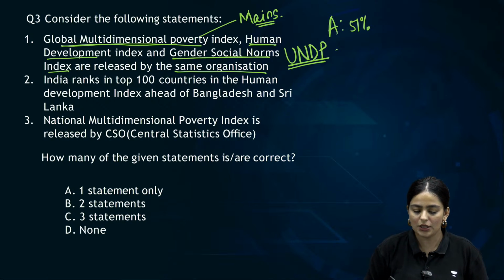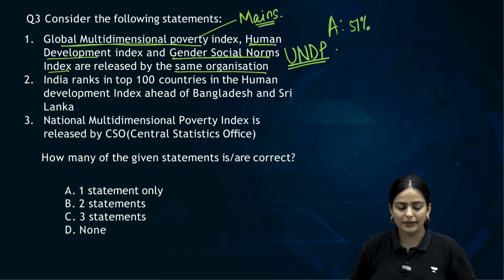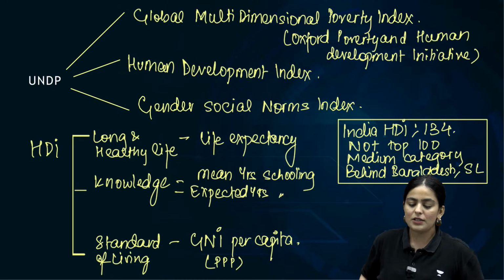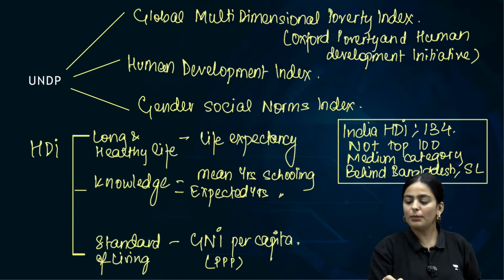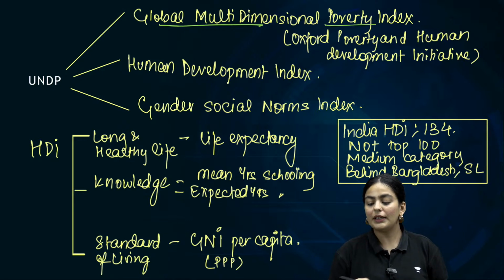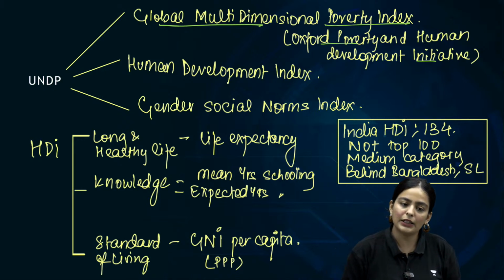Clear? So Global Multidimensional Poverty Index, Human Development Index, and Gender Social Norms Index are released by the same organization. Let's discuss this first and then we'll come back to our statement. Please look at the analysis here. Global Multidimensional Poverty Index is released by UNDP along with the Oxford Poverty and Human Development Initiative.